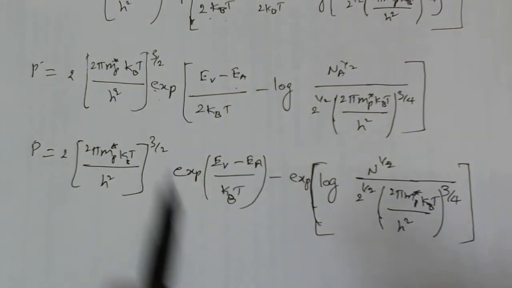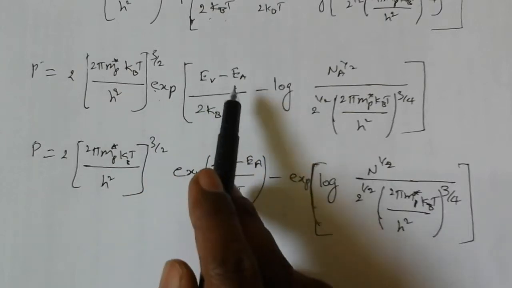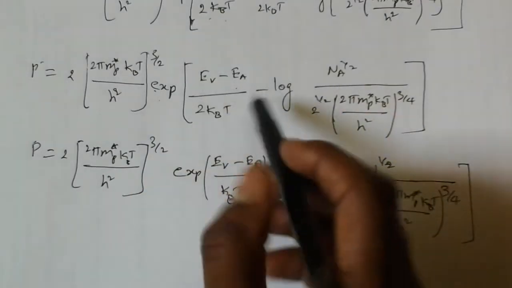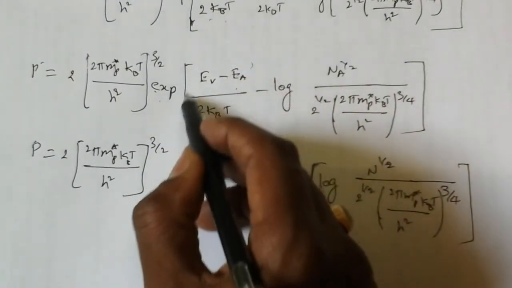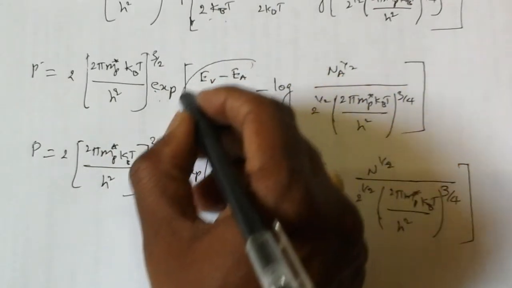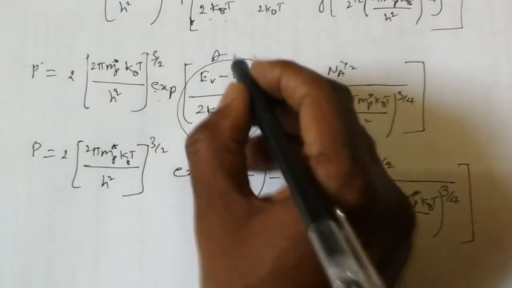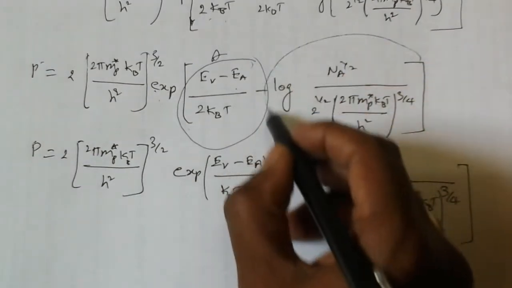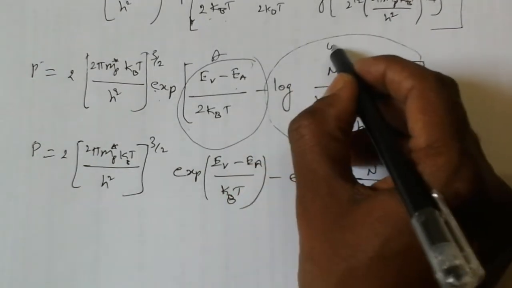Here what you have to do is, exponential of a plus b: this is exponential a, this is exponential b.